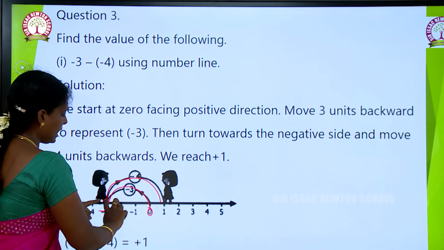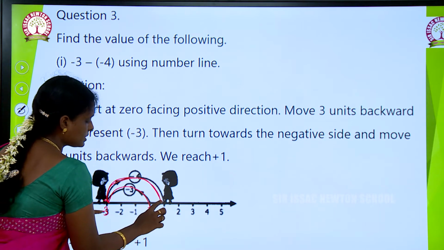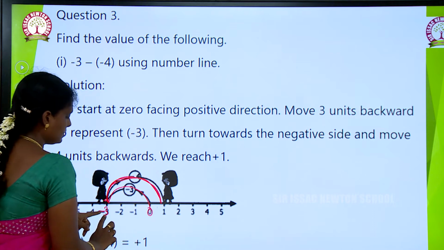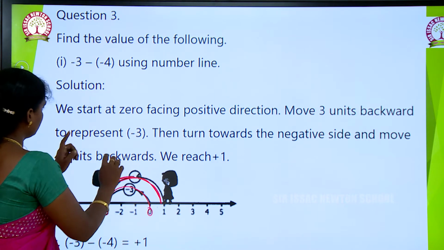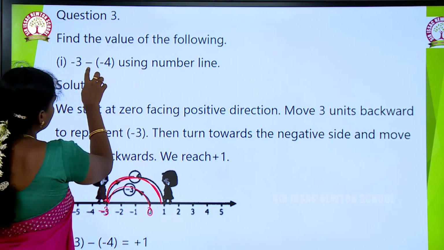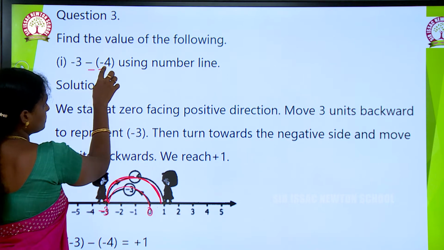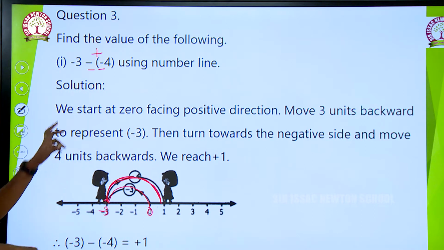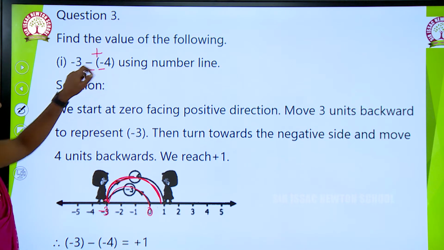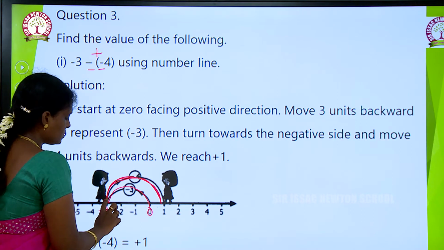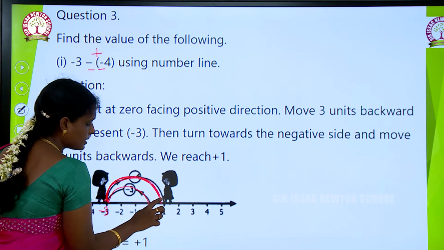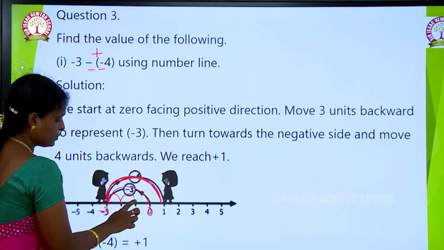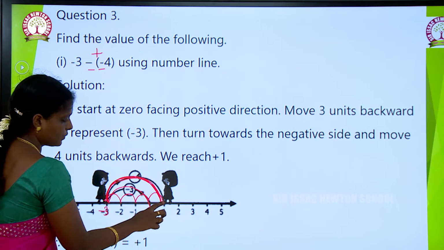Here, minus of minus 4: minus into minus will become plus, as I have already told you. So you have to jump 4 steps towards the positive direction. 1, 2, 3 and 4.